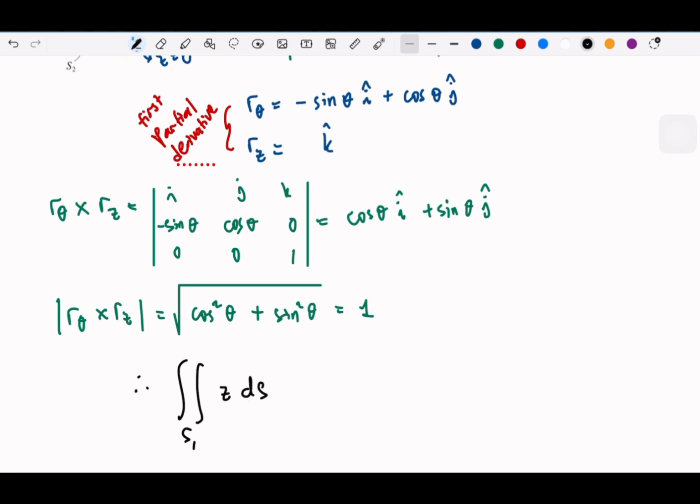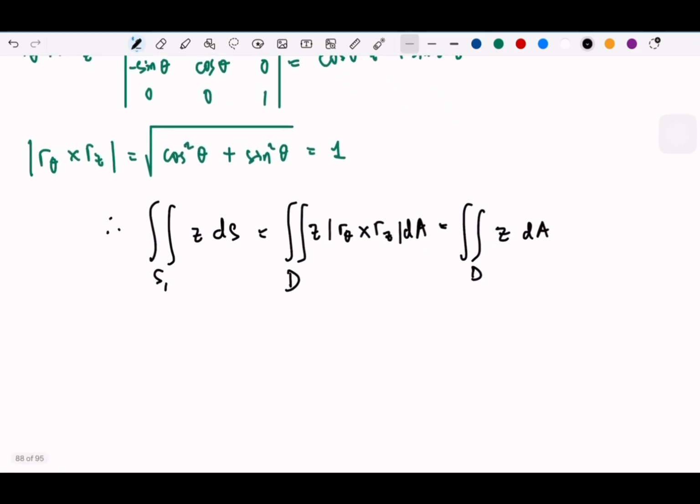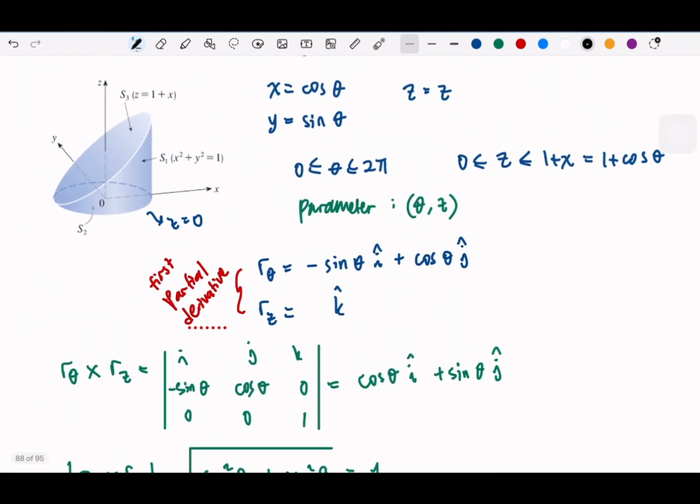the surface integral of z dS is equal to the double integral over the region D, and then we take this dA, and from what we have we should have the z. So this is z dA with respect to area D. Now the area D, we could use as the projection.